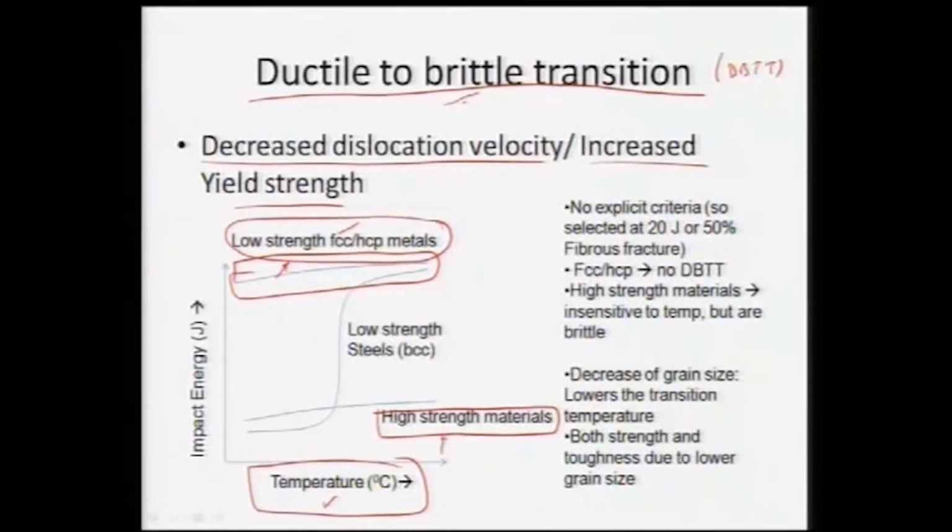So, that is a problem with these high strength materials, whereas BCC materials at higher temperature are very ductile, but at a certain point they undergo a transition in which they suddenly become highly brittle. That is a problem with BCC materials, and this concept came into existence because during World War II, many naval ships, while they were sitting in the sea, broke into two pieces.